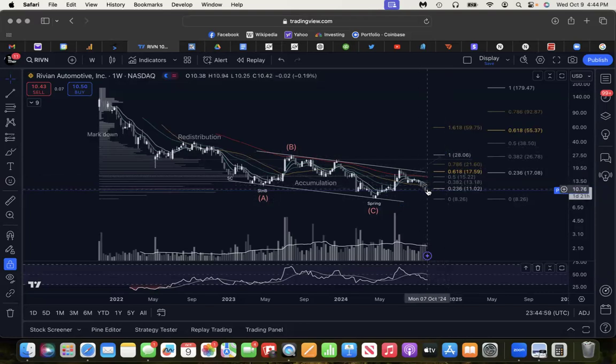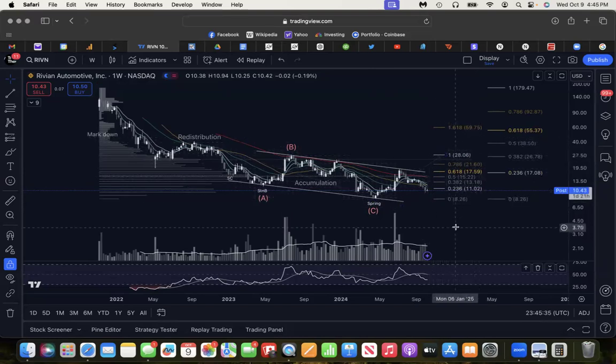If for some reason there is a strong bearish reaction to it, if we do see late October seasonal volatility come in with the presidential election and see a new low, or a push down here to try to test this low, even if it undercuts this low slightly and sets a new spring right here, that does not invalidate any of this analysis. All it does is set a new low, and we'll see a new breakout structure form as it comes out and as they begin their markup period.